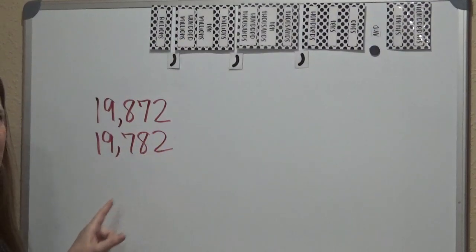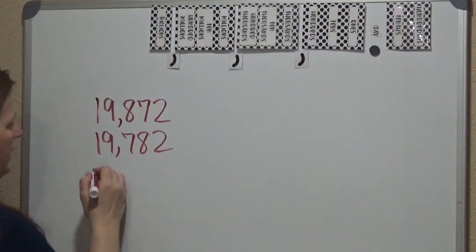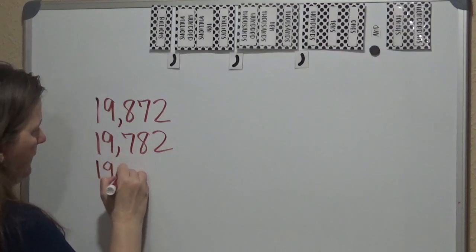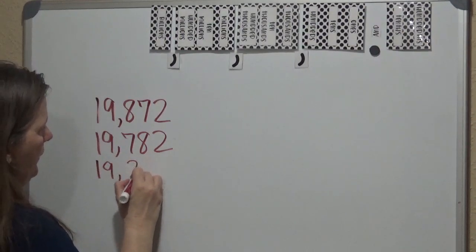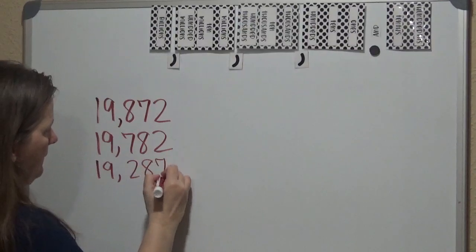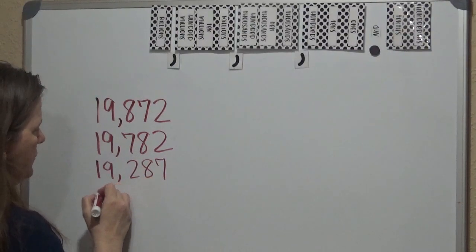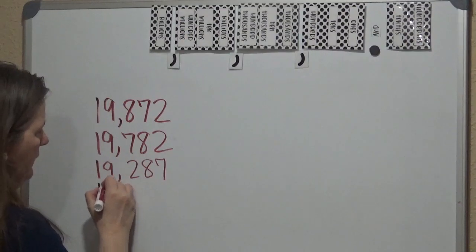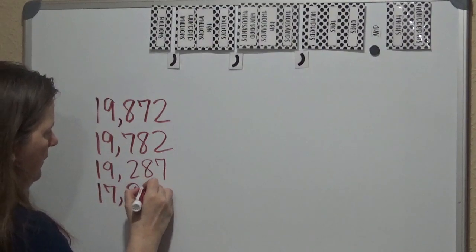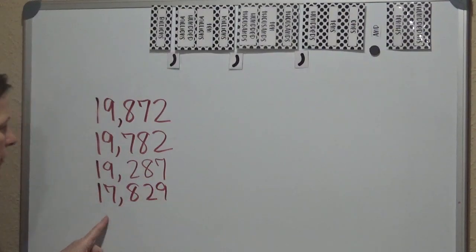They got the numbers kind of similar to try to throw you off. 19,287, and then maybe they'll have one of these numbers in here to try to throw you off. 17,829.